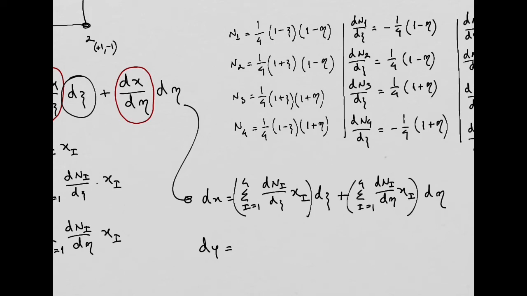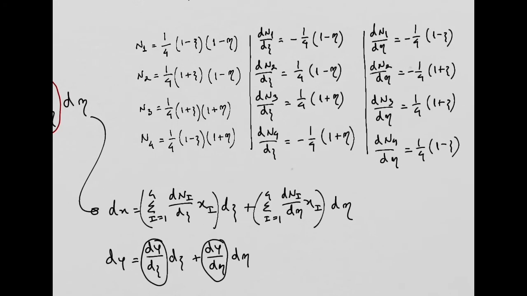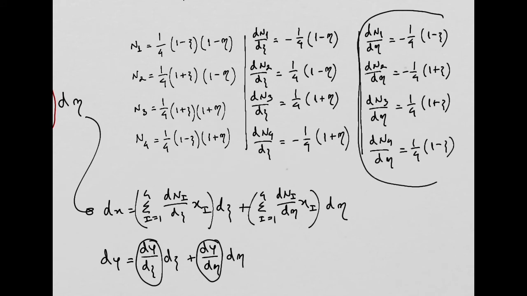So you will have in this case dy over d xi times an increment in xi plus dy over d eta times an increment in eta, right? So this y, the derivative of y in order to xi and derivative of y in order to eta, is done by using these derivatives we did here for shape functions, right?